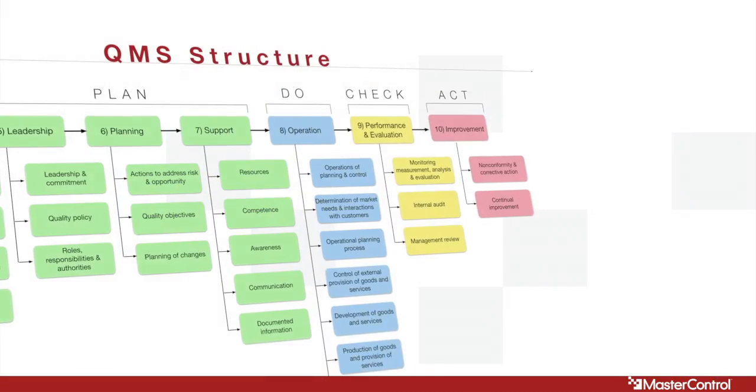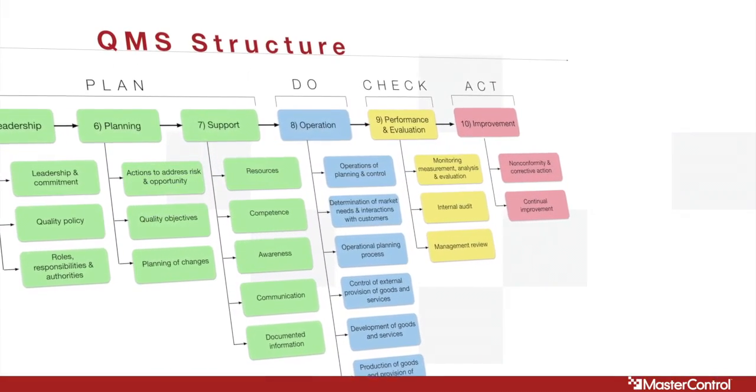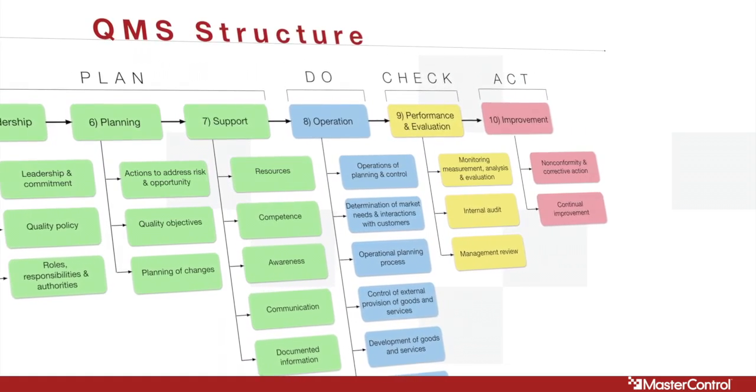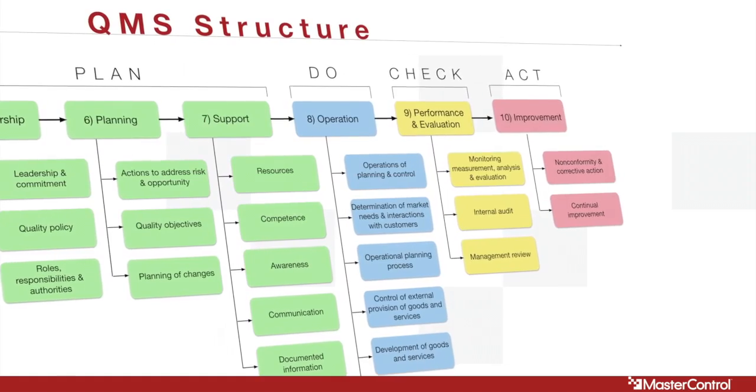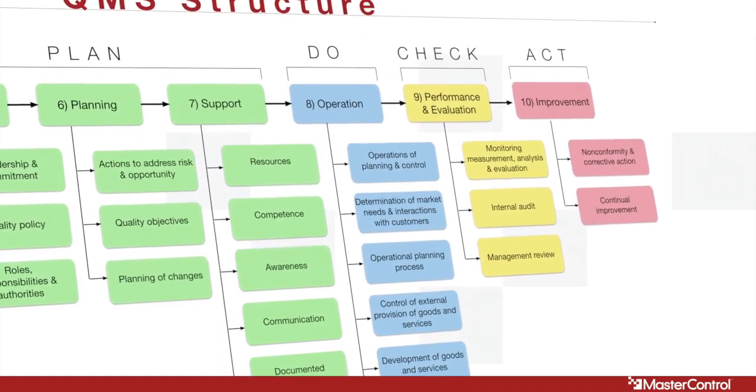So if you look at these new sections, under the do of the plan, do, check, act cycle is squarely into the operational aspects of your organization. So within that, there's some significant new sections, and we have actually some additional information on these later on in this presentation, but I'll quickly go through what those are.